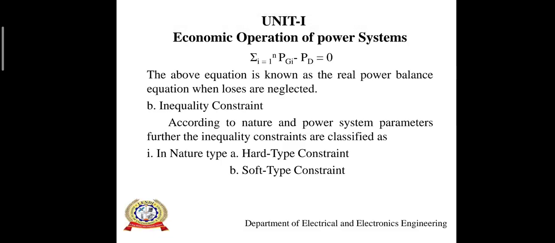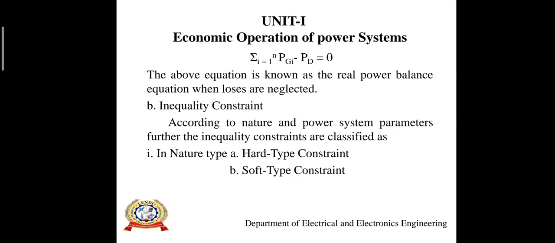Now this PD comes to the generation side, and it becomes sigma i equal to 1 to n of PGi minus PD is equal to 0. Here sigma i equal to 1 to n of PGi is the total real power generation and PD is the total real power demand.